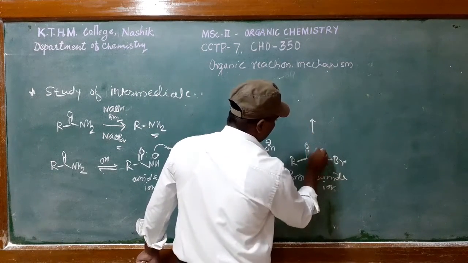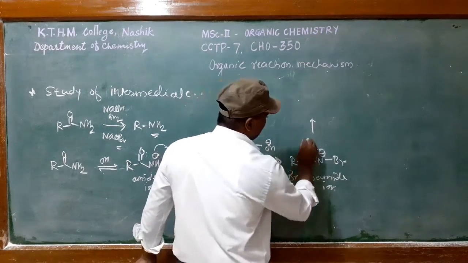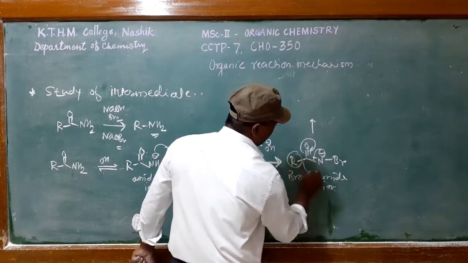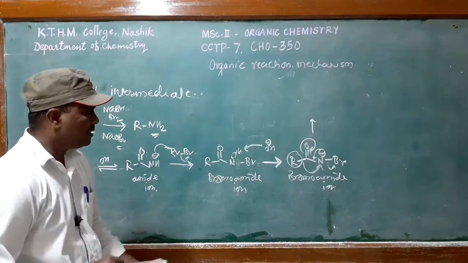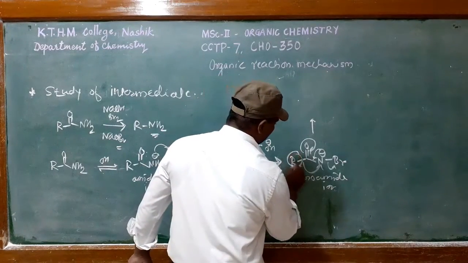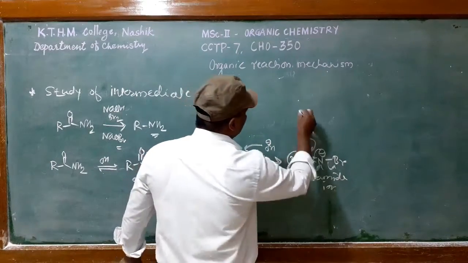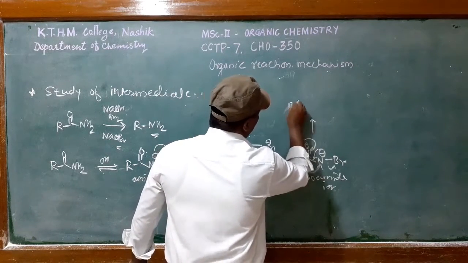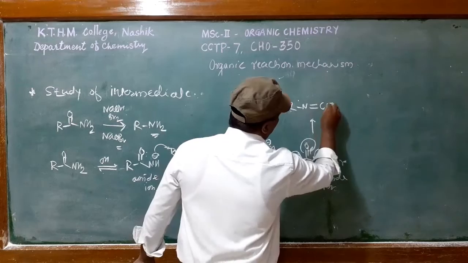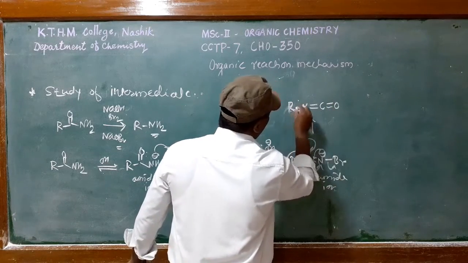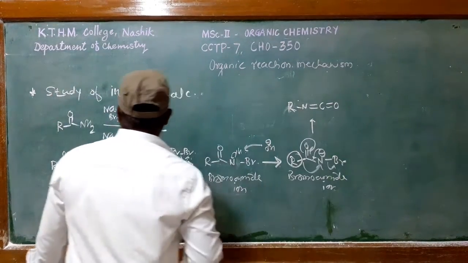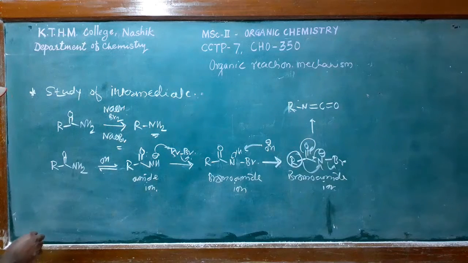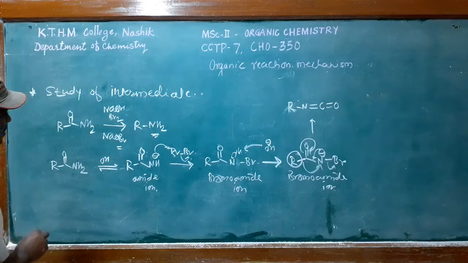So what happens here? The rearrangement takes place. This electron moves and this electron comes up. The bromide is kicked out by the migrating R group, and it forms the isocyanate. So in this reaction, how is the mechanism determined?